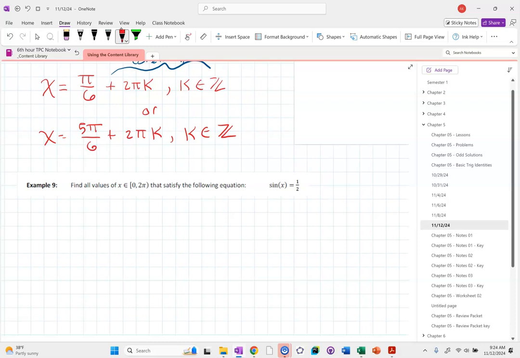So here it's the same question, sine x equals 1/2. But here we're told we're looking for our solutions from 0 to 2 pi. Notice that's like the entire unit circle. So all I'm going to do is look on the entire unit circle for where the y coordinate is 1/2. Well, what are those two values? Pi over 6 and 5 pi over 6, right?